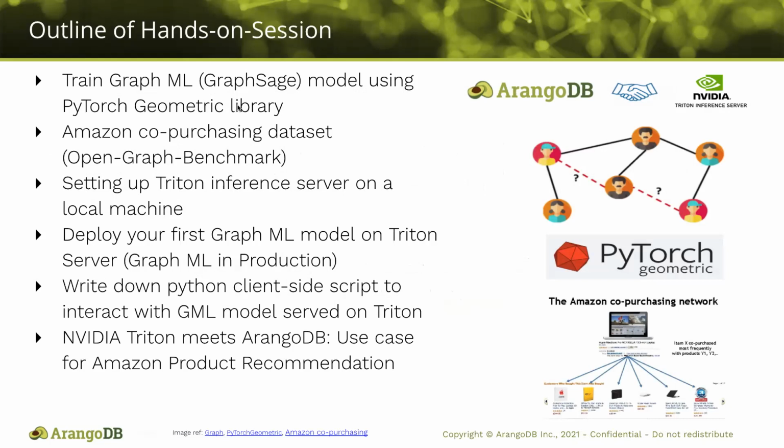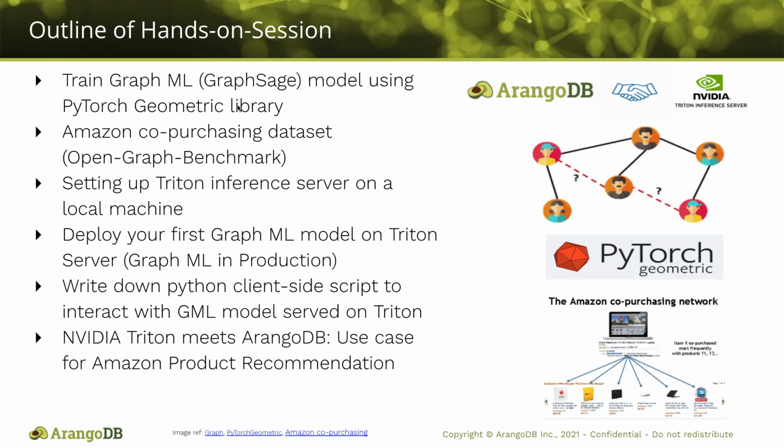The outline of the hands-on session is that we will train a graph machine learning model using the PyTorch Geometric library. The dataset we are going to use is the Amazon co-purchasing dataset, taken from the Open Graph Benchmark library. Afterwards, we will set up a Triton server on a local machine. Then we will deploy this trained GraphSAGE model on the Triton server, which is our first application of graph machine learning in production.